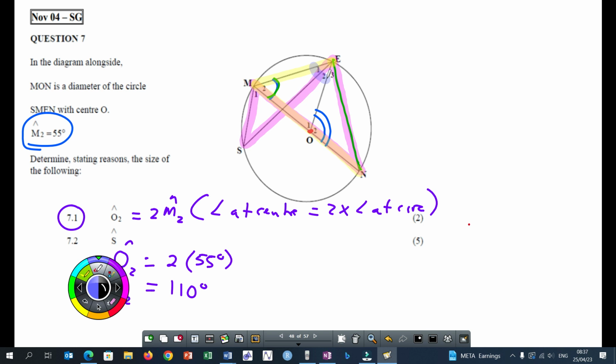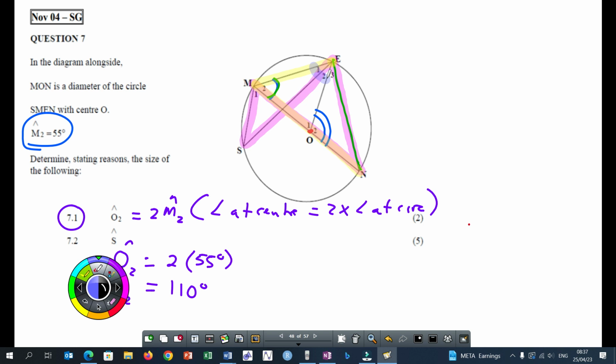Then M2 is equal to MEO, and your reason will be angles opposite equal sides. Then you add M2 and the sum of E1 and E2, and subtract it from 180, or rather you can use exterior angle of a triangle. So O2 is going to be the sum of M2 and E1 plus E2.